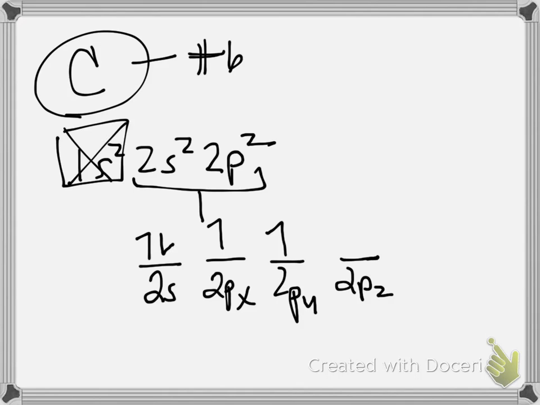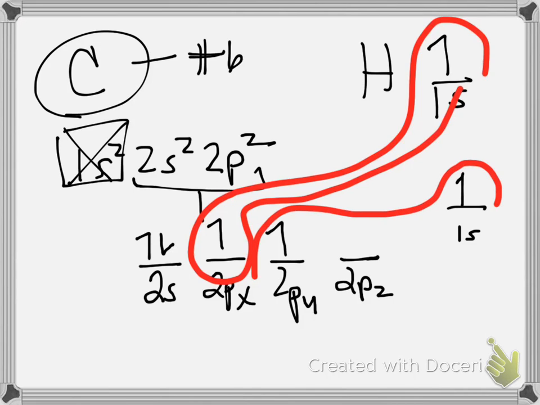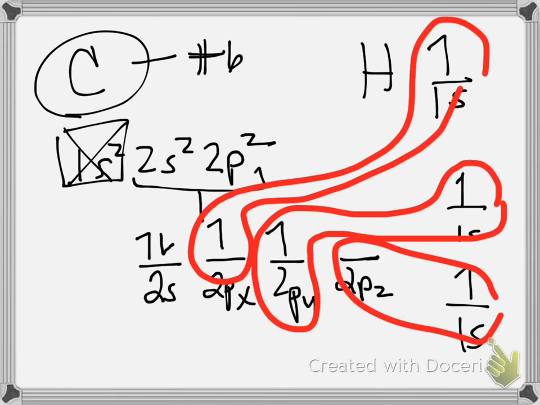But let's talk about hydrogen with its little 1s. This 1s could sidle up to this 2p, and another 1s could sidle up to another 2p. Then could another hydrogen bond here? No. So how does this work?